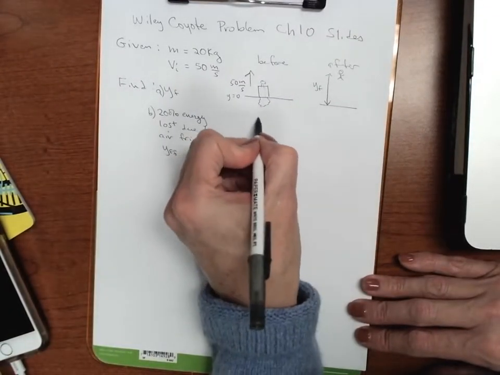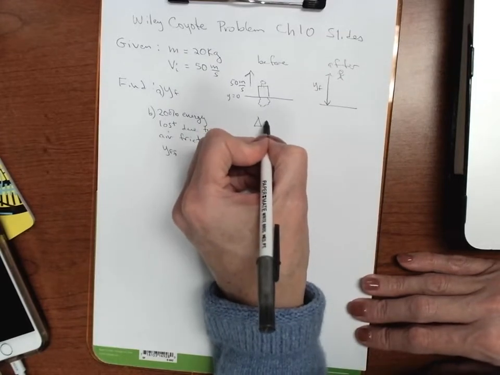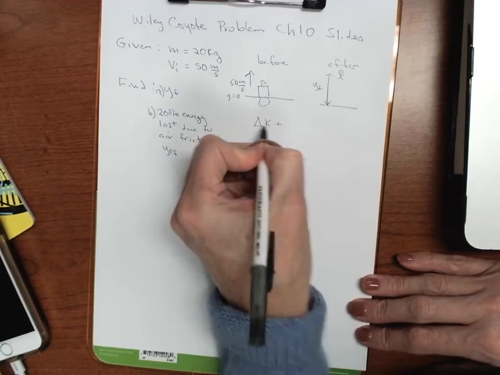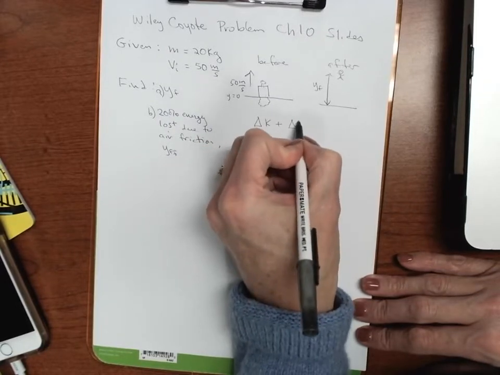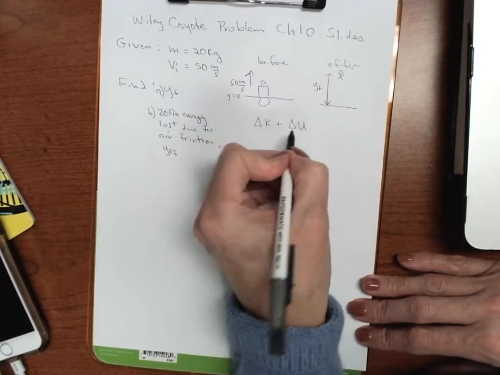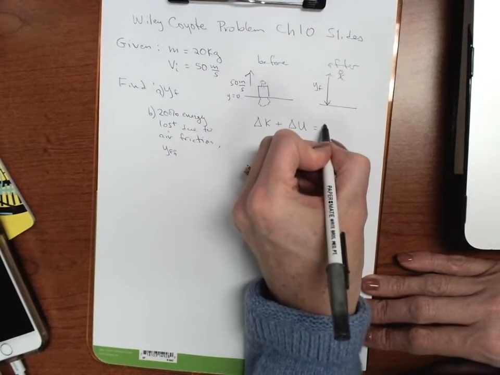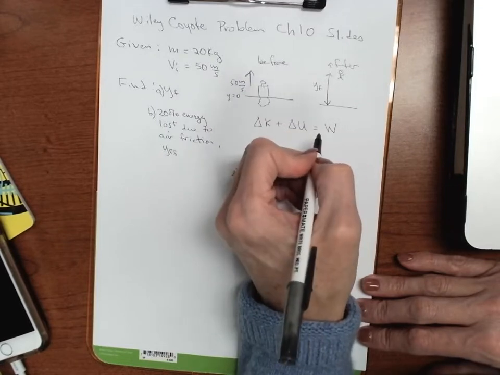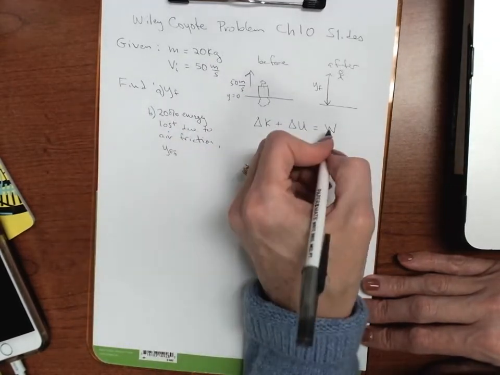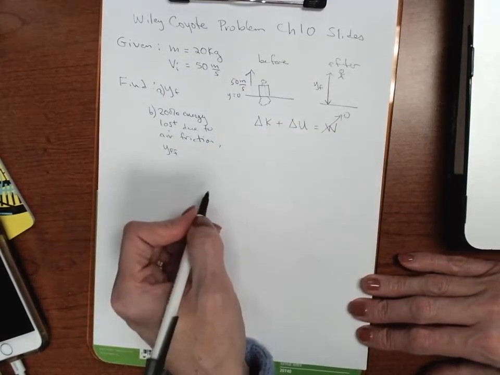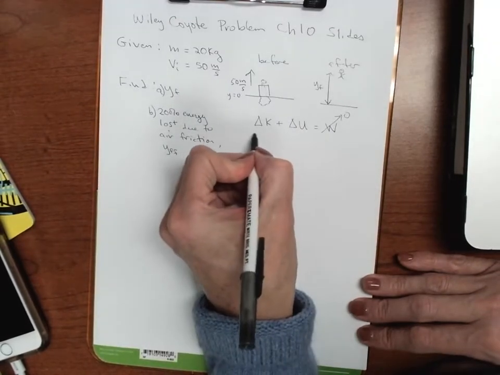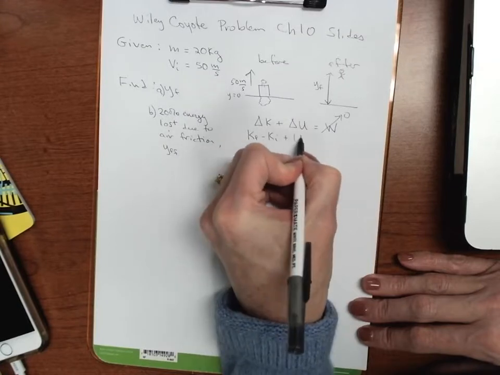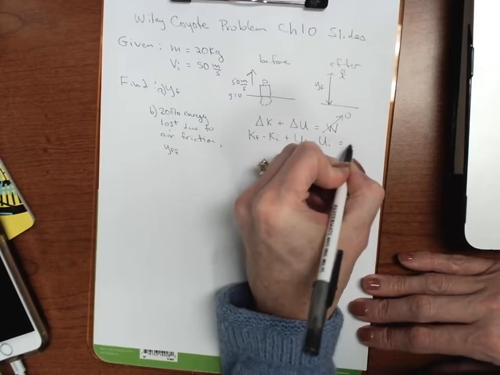Okay, so I'm going to say delta K plus the change in my potential energy is equal to the work. And I know there's no work for the first part because we assume that there's no friction. So I'm just going to set that equal to 0. And now I'm going to say, delta K is K final minus K initial plus U final minus U initial equals 0.